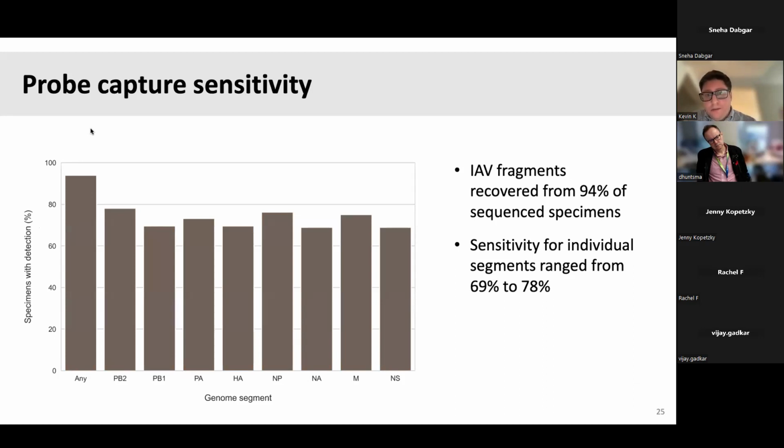So flu genome fragments were recovered from 94% of the specimens we sequenced, although the sensitivity for the individual segments ranged from 69% to 78% because not all specimens had all segments present. But when you think about how weak the detections were by qPCR, these results show that the sequencing platform is still pretty effective at finding the needles in a haystack.